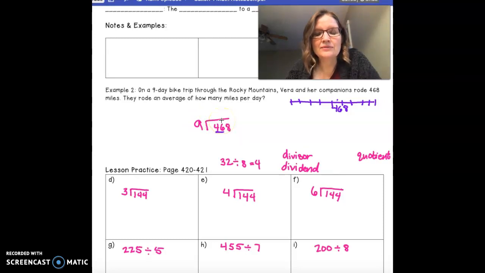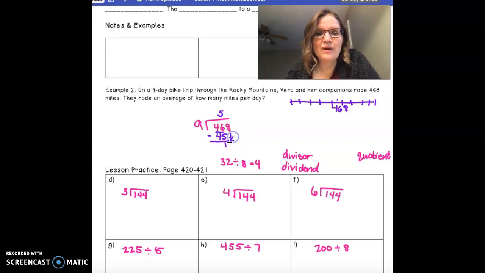I'm thinking through my 9's times tables, and I say to myself, oh, I know that 9 times 5 is 45. That's pretty close. So I say 9 times 5, 45. And then I subtract, and I have 1 left.